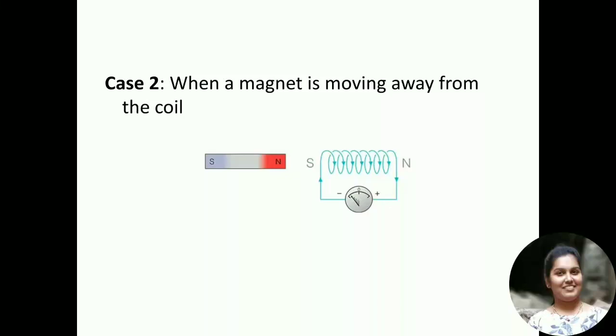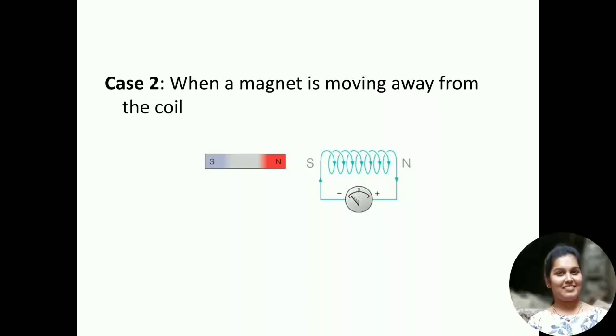When the north pole of the magnet is moving away from the coil, the magnetic flux linking the coil decreases. According to Faraday's laws of electromagnetic induction, an EMF and hence current is induced in the coil, and this current will create its own magnetic field.